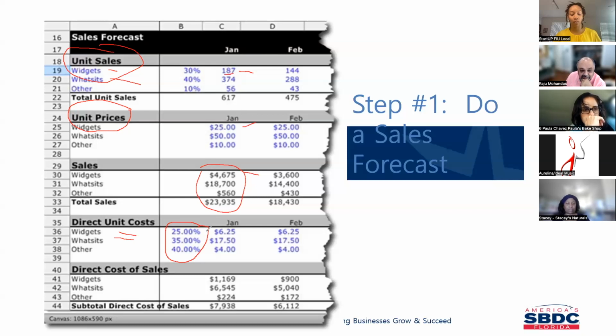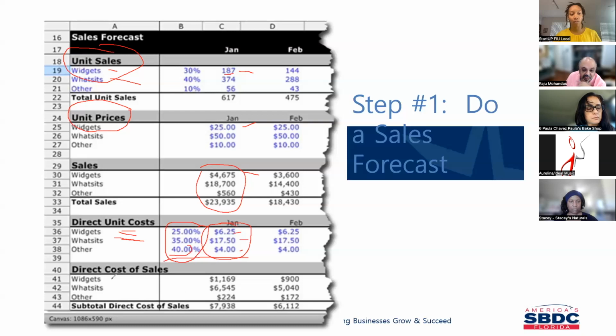Okay? This is where the cost is associated with this. This is the direct cost of each of those widgets. Okay? And that gives you my total numbers on that. 40% of my cost is going here and so forth.